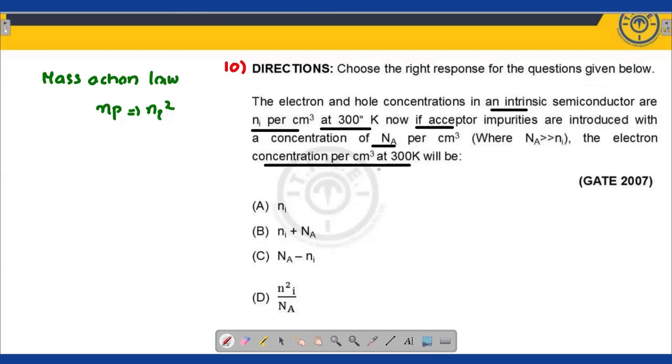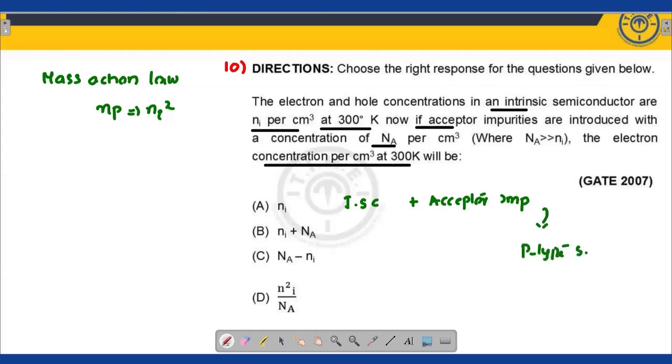The electron concentration is asked, because here acceptor impurities are added, which means an intrinsic semiconductor added with acceptor impurities. When I add acceptor impurities to an intrinsic semiconductor, it forms a P-type semiconductor.